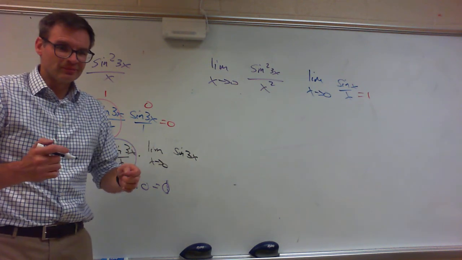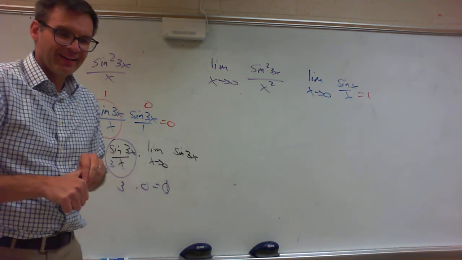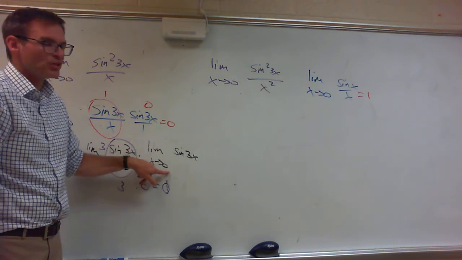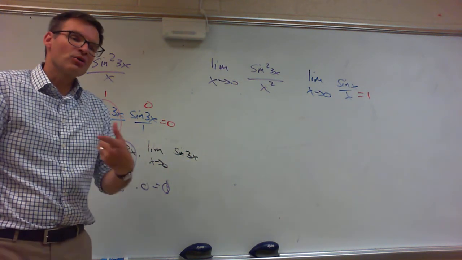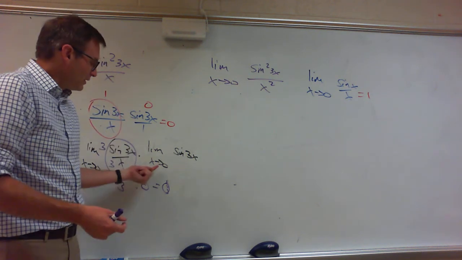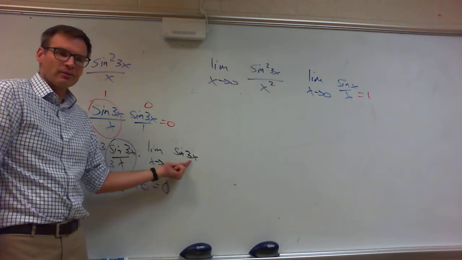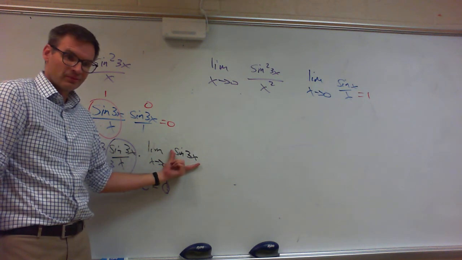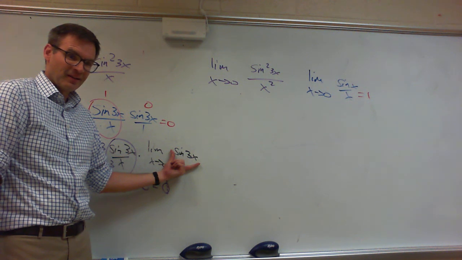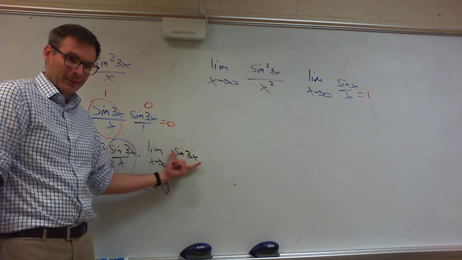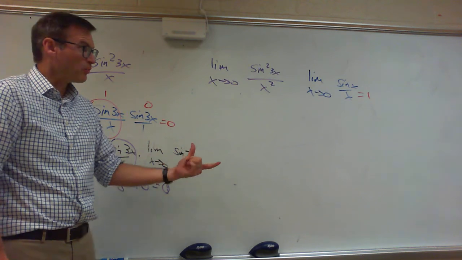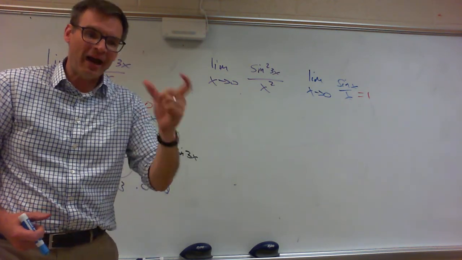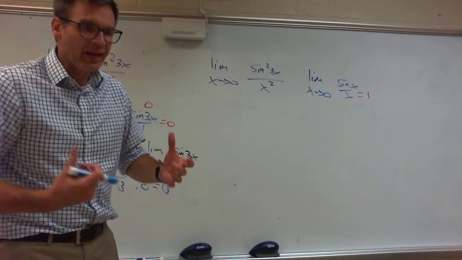Yes, no, maybe. Why is sine of 3x over 1 0? That's the limit as x goes to 0. So when you're computing a limit, you're looking for a y value. Like you get to plug this x value in. And 3 times 0 is 0. And what's sine of 0? 0, right? Remember I had in the chart, there are a couple of trig things you have to know on a daily basis.